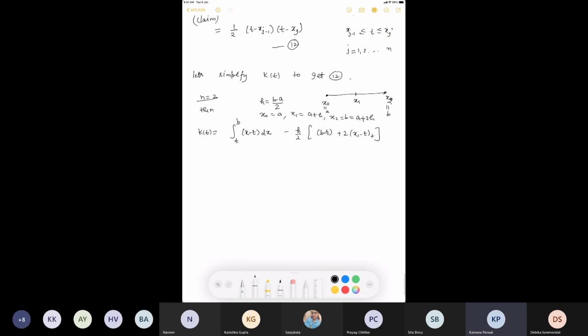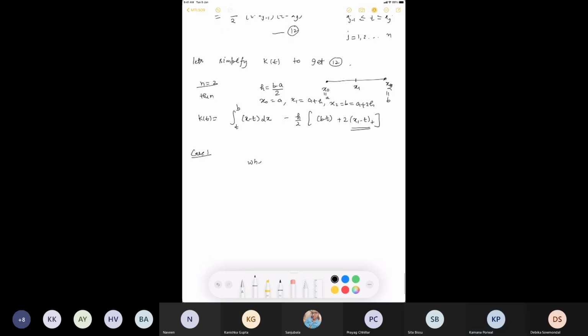All right. So now we have to see, this term depends on whether x1 minus t is positive or negative. So I'm going to see it as two cases. Case one is when t is lying between x1 and x2, that is, I'm in this interval.